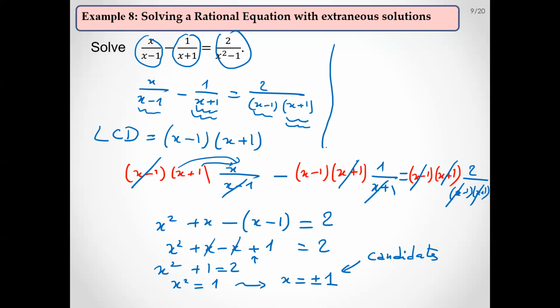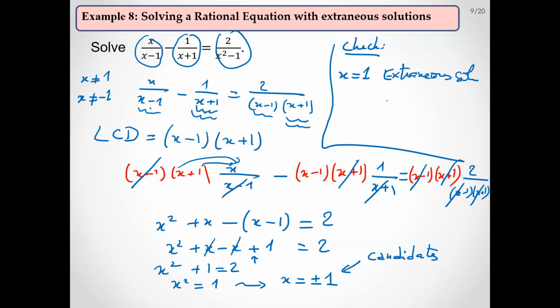So we check x equals 1. Here it's forbidden, so here we have to remove 1 and to remove minus 1. So this is an extraneous solution. And x minus 1 also appears here.